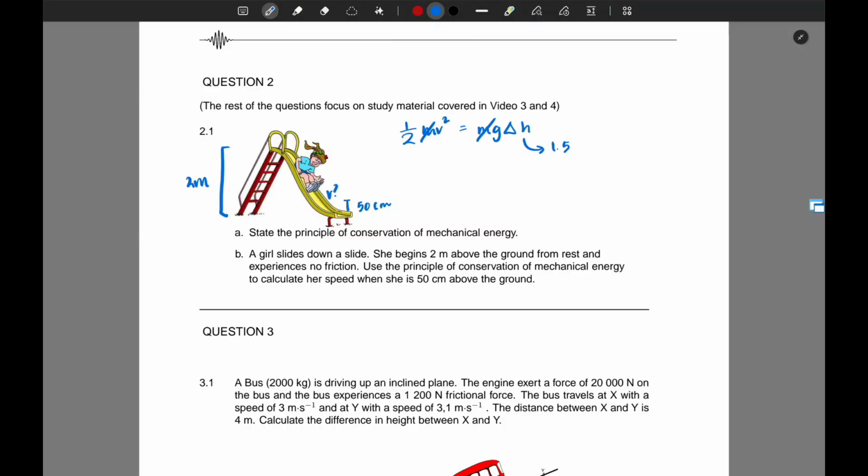Now we isolate V, and we know gravity is 9.81, also from the data booklet. So V squared equals 3 times 9.81, because you're dividing by half, so you double it, and then you root it. This will get you 5.42 meters per second.